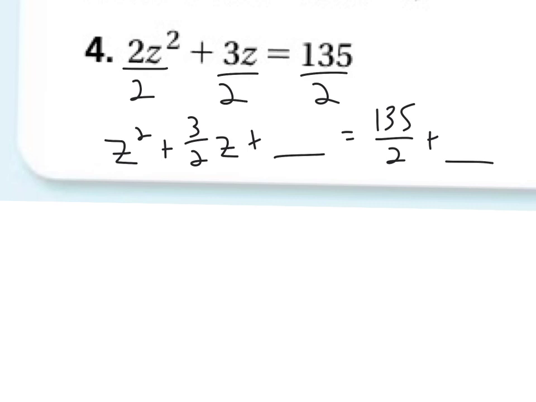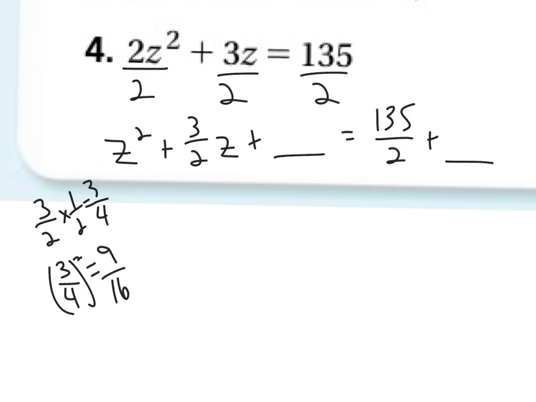So our b term here is 3 halves. If we take half of that, half of 3 halves is 3/4. And then if we square that, that would be 9/16. So we need to add 9/16 on both sides. This is part of why I kept that fraction over there.